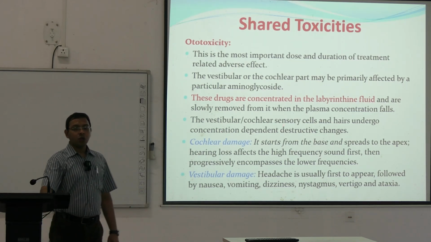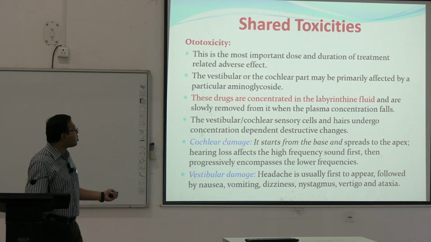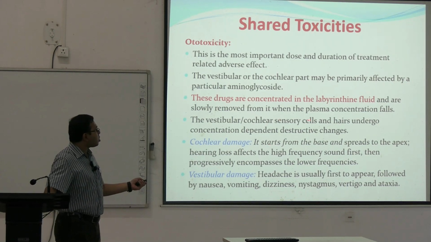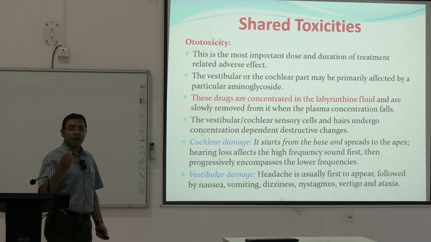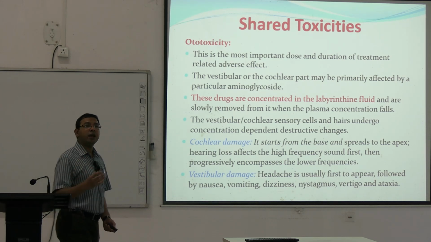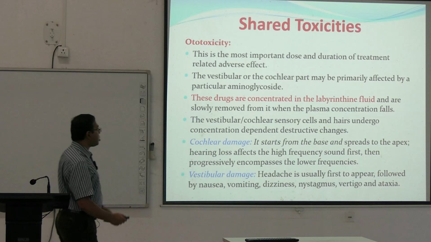That is the problem. When there is very high aminoglycoside concentration within this endolymphatic fluid, there will be destructive changes in the cochlear sensory cells, vestibular sensory cells, and the sensory hairs. All these are needed for the maintenance of balance as well as hearing. All these can be compromised.